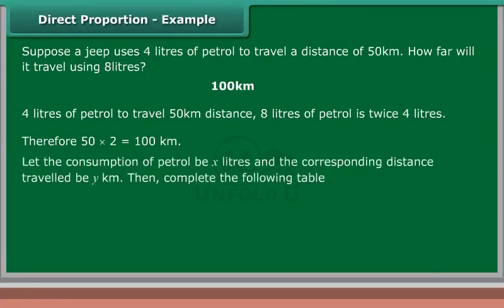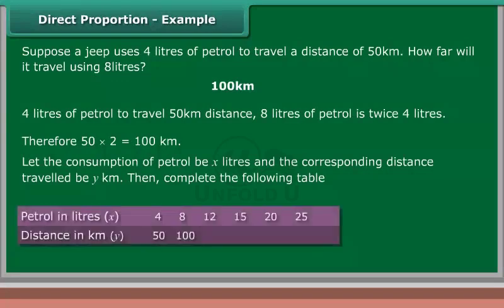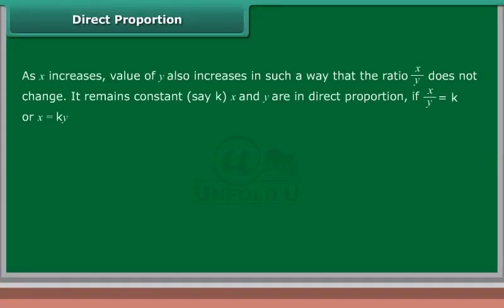Let the consumption of petrol be X liters and the corresponding distance travelled be Y kilometers. Then complete the following table. Direct proportion. As X increases, the value of Y also increases in such a way that the ratio X upon Y does not change.